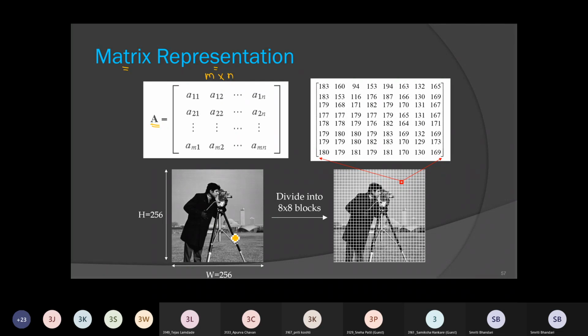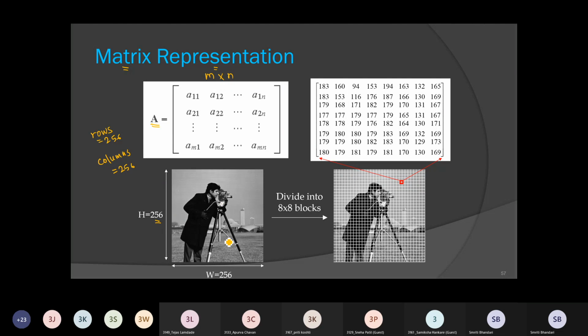Now see here, if I have this image, then in the memory of the computer, how am I going to represent this digital image? The height of the image is 256 and the width of the image is also 256. It indicates that this image is represented in the form of an array where the number of rows is 256 and the number of columns is also 256.